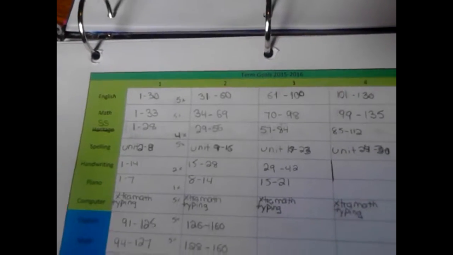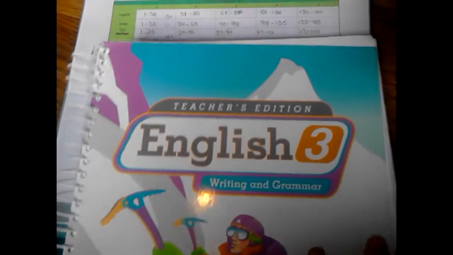These are the lesson numbers. So I broke up the lessons into which terms I'm going to do them in. Now how I did that was, let's take English for example for Rebecca. I took Rebecca's English and I looked at the teacher's manual and I noticed that there are 160 lessons.